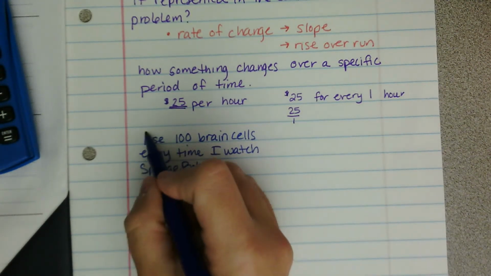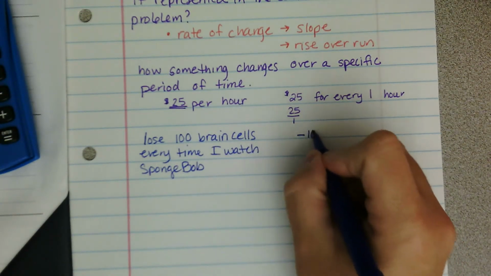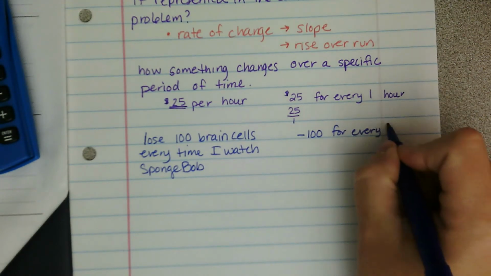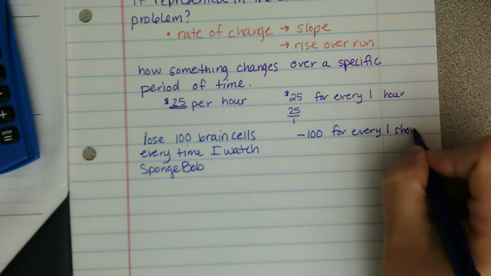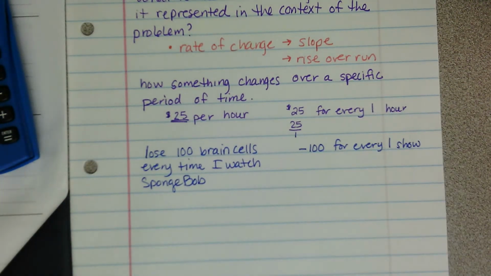Then losing would indicate that I would have a negative 100 for every 1 show. And if you notice, these unit rates are always for every 1.